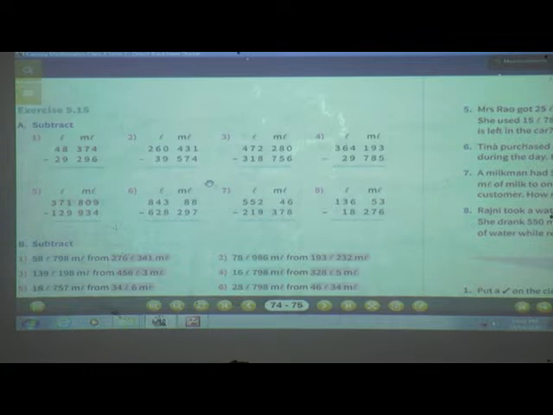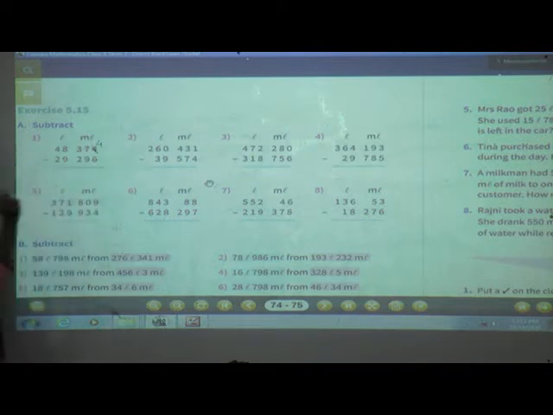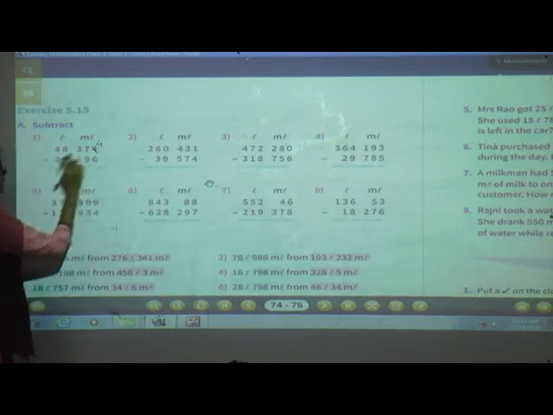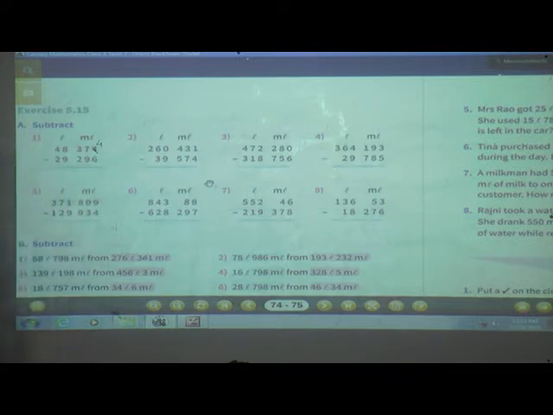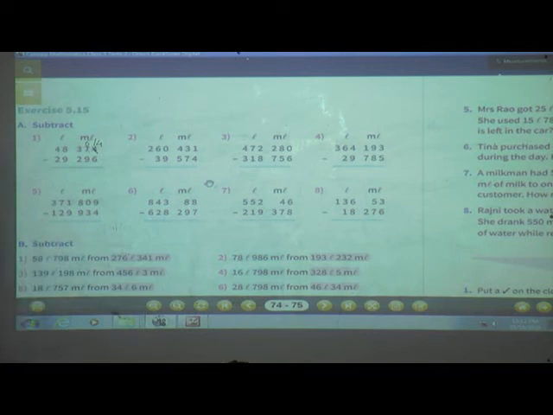Then what to do? We will cut this 4, write as it is. Then we'll move to the neighbor. Here neighbor is having 7. So we'll take one borrow from the 7. So 7 minus 1, 6 will remain and this 4 will become 14. Now 14 minus 6.